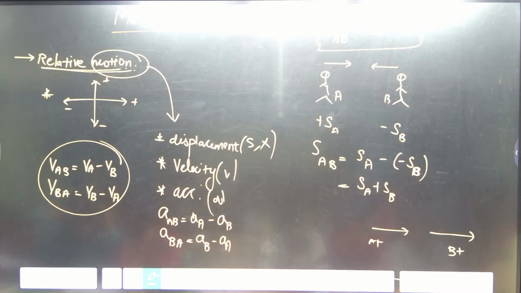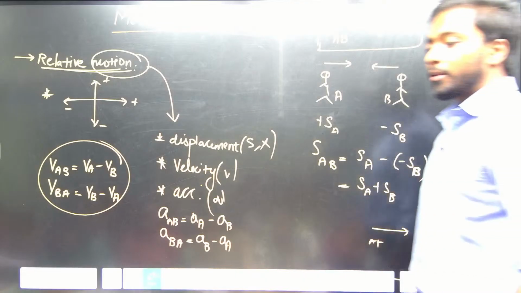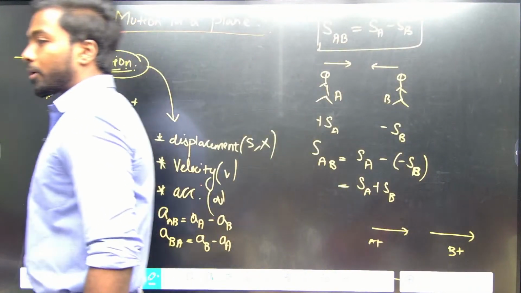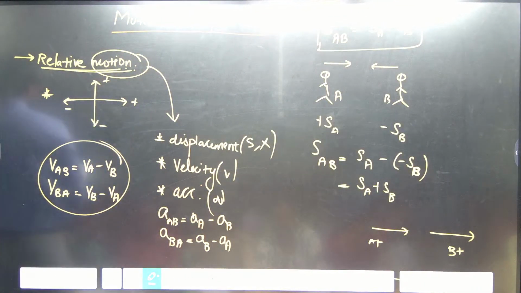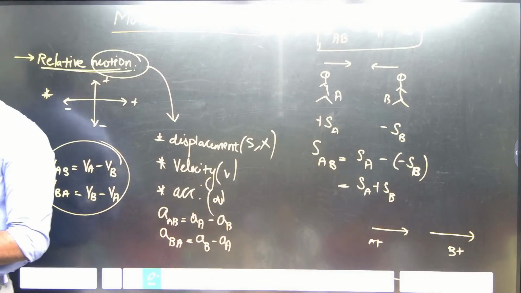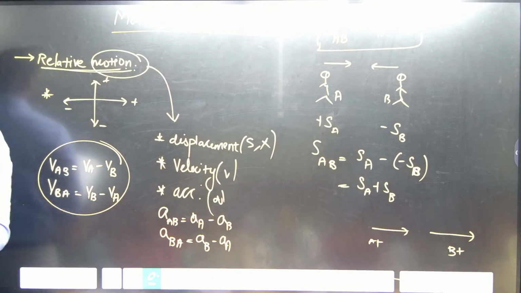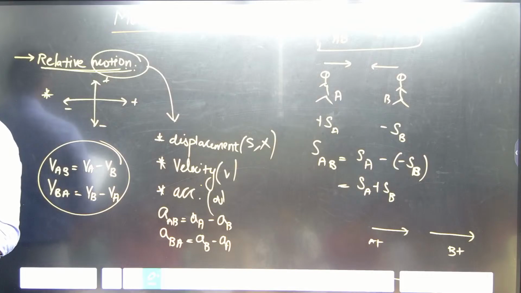Velocity of A is equal to 4i cap plus 3j cap plus 6k cap.